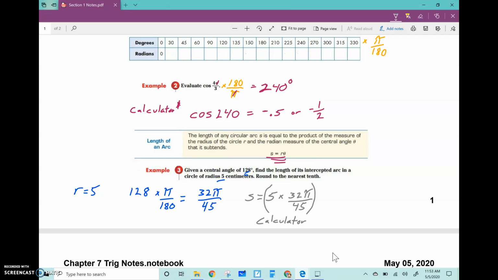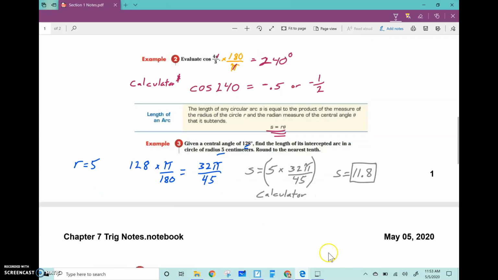Once you put all that in your calculator, you're going to get that S equals 11.8. All right. So far, so good.